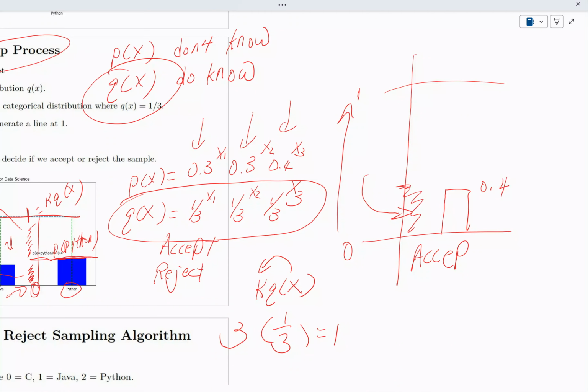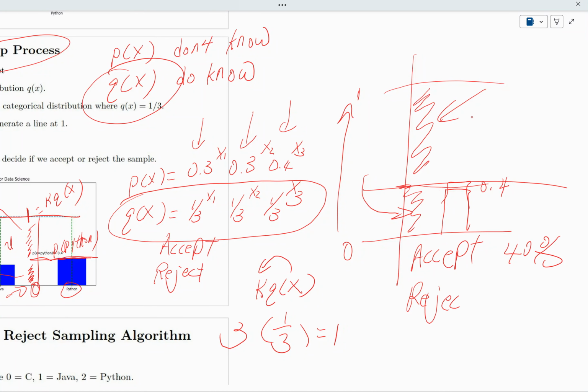That's mimicking accepting at 40%. And if it falls into this region, which is outside of the 40%, then we reject. And notice how the probability of falling here is 60%. Therefore, we accept and reject using the second number you generate, U.